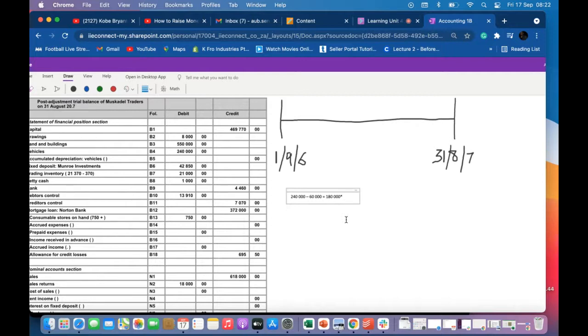Okay, so now we have our carrying value. Now we can apply our rate of depreciation, which we know is 25%. So then what is the depreciation that we have on these vehicles? Somebody give me the answer in the chat.